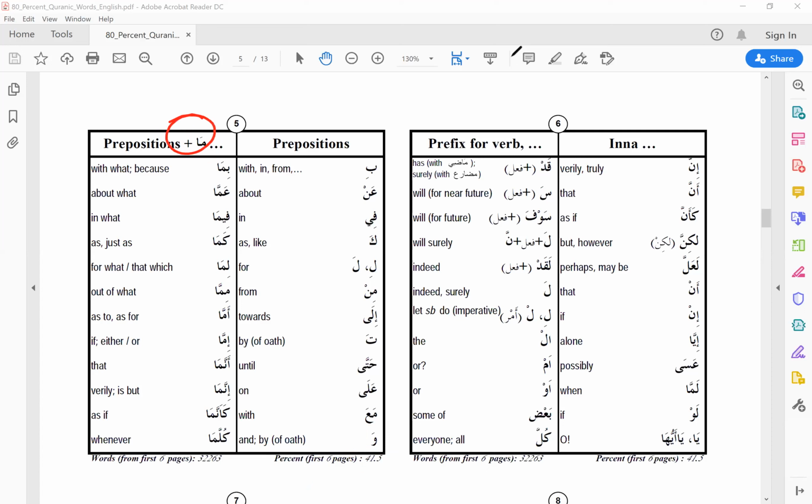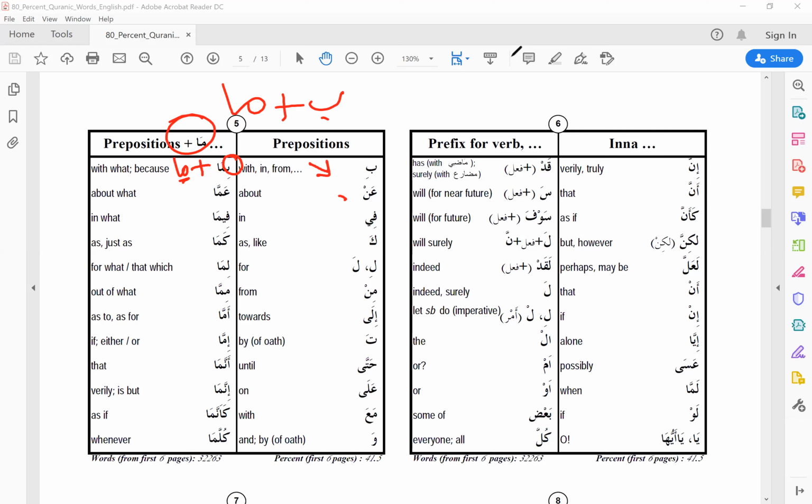All right. Now I want you to compare right here. Remember we said the ma, but here's one thing. You want to deconstruct the bima. It's a b plus a ma together. If b meant with and ma meant what, as we had done before, now we're putting them together. It means with what.